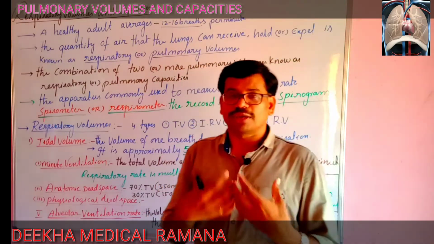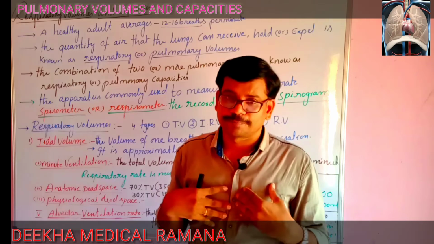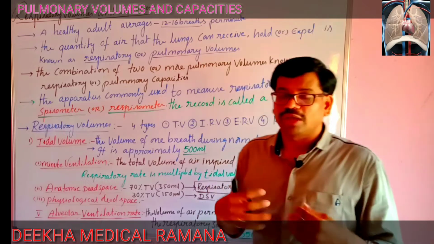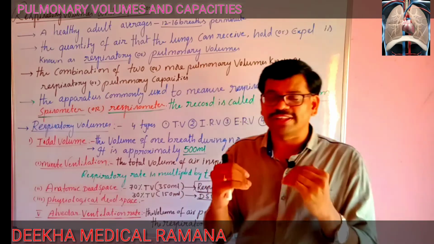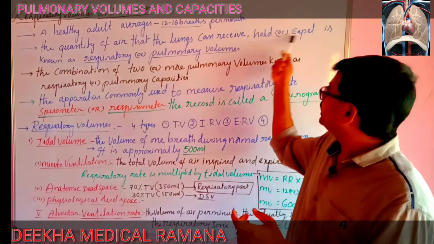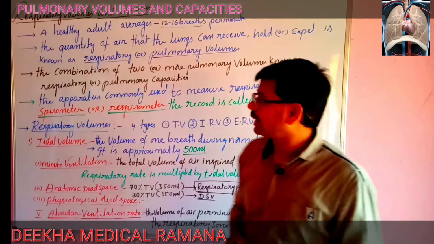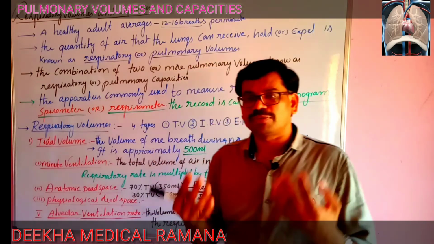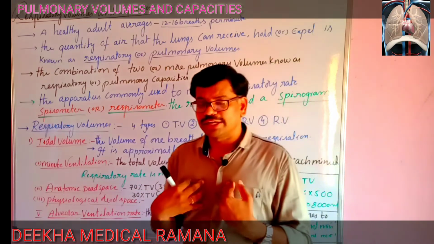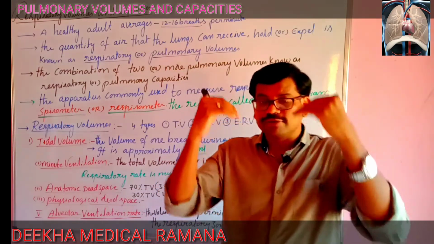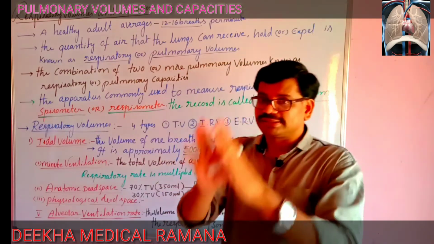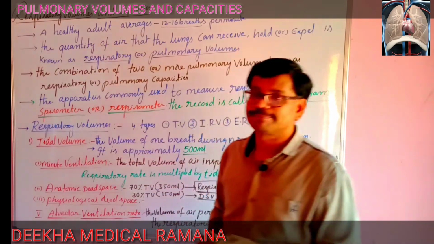Some amount of air enters the lungs, some amount is held in the lungs, and some amount is expelled out. These three events we consider as respiratory volumes.